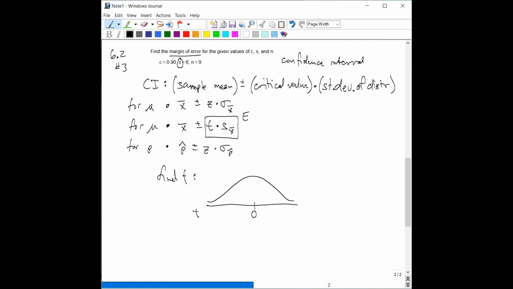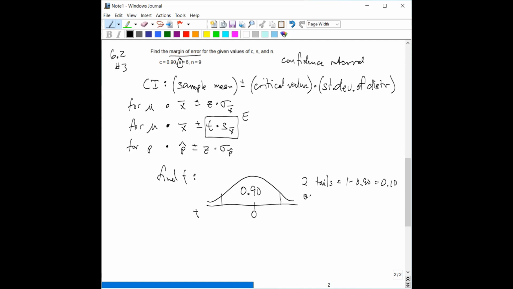0 in the middle. In this case, it's a t distribution. For a confidence interval, you've got a fat middle, which is your confidence level, which in this case is 0.90. If that is in the middle, we can also figure out what's left over in both tails, which is 1 minus 0.90, which is 0.10.